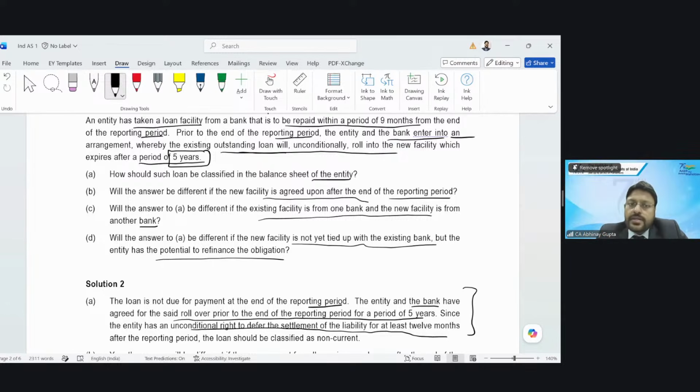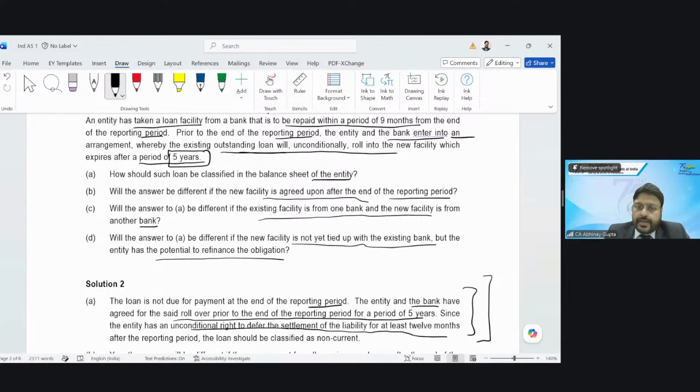Now, 5 years is more than 12 months from the reporting date. So by virtue of this agreement, the loan which otherwise would have been payable within 9 months from the reporting date is now becoming payable within 5 years, and hence from the current classification, it will be reclassified as non-current, right?